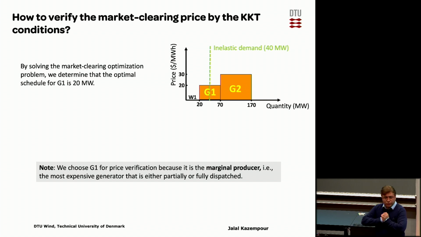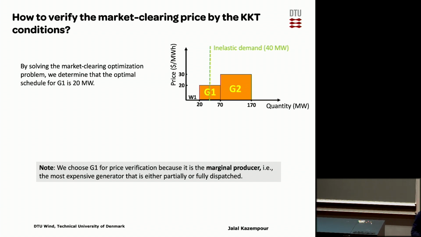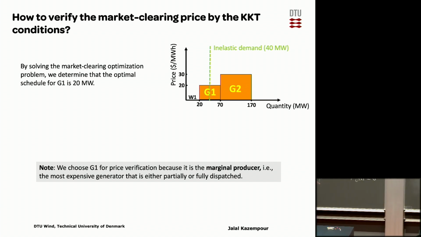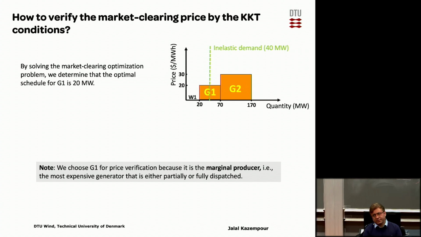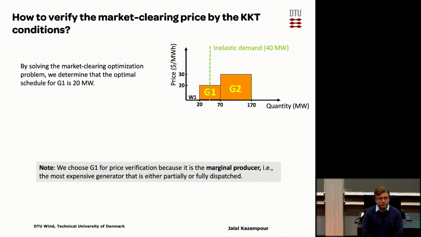But for example, Julia will tell you the price is 30. How to verify it? I want to teach you how to verify analytically that the market price, equal to 20 or 30, is correct. Clear?